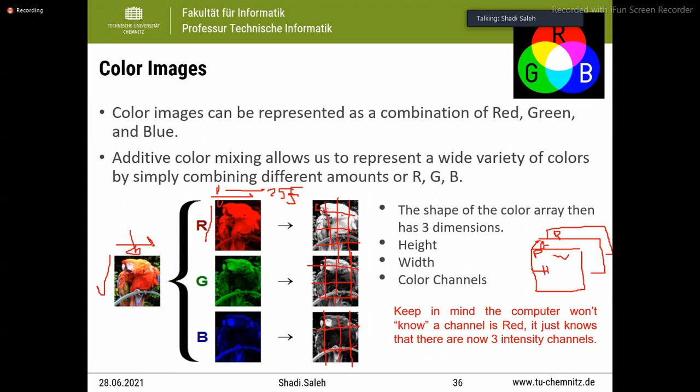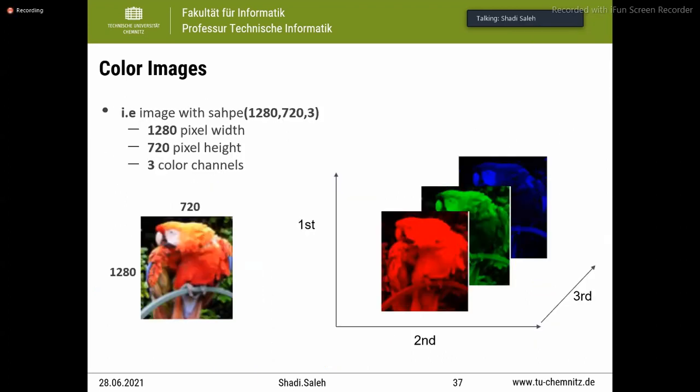So let's make a complete example. We have an image, for example, with height and width. That means our height is like 1208, which represents the rows, and the width is 720, which represents the columns.